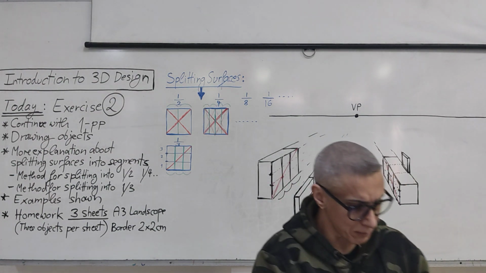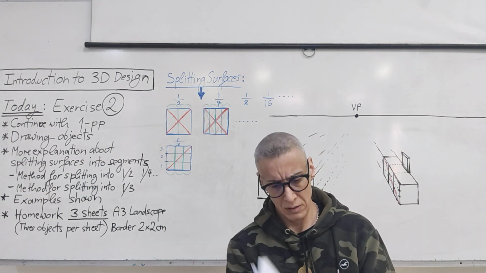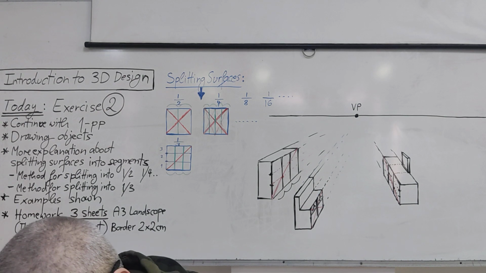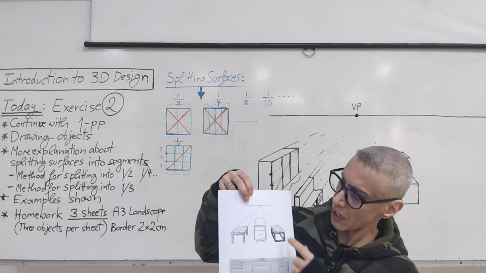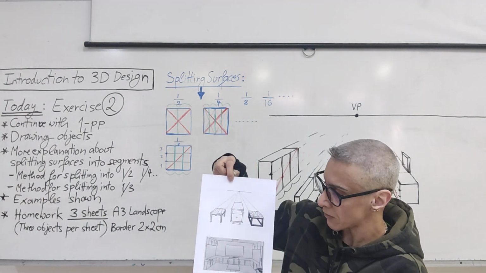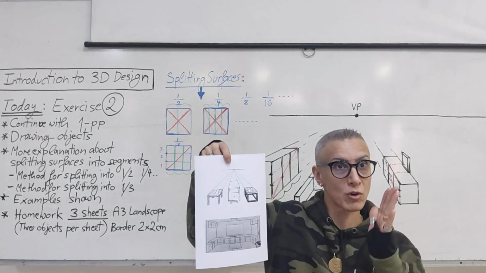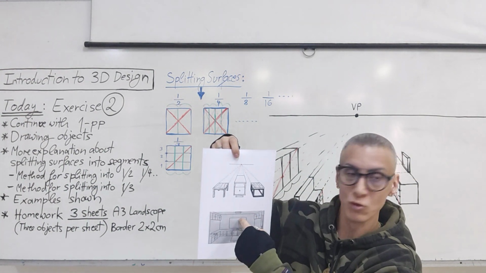Now we have other examples here also that I put for you. Let me see. Here there are other furniture pieces in one-point perspective, very simple ones. Here I just put also a room. If you want to draw a room, for example, you again start with the face and then everything goes into one-point perspective.